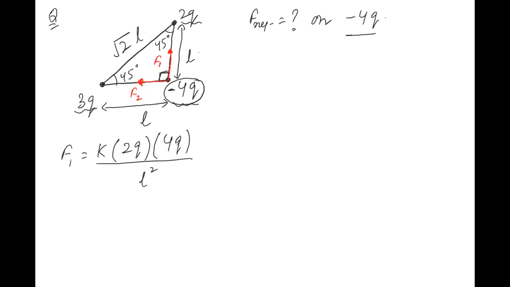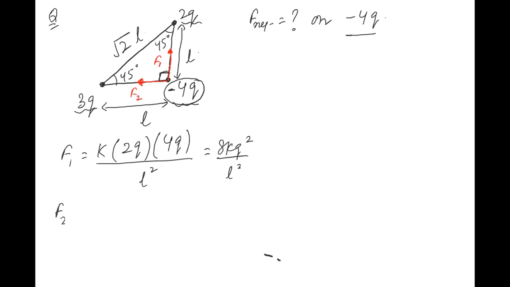Whenever you write Coulomb's law in a scalar form, or in other words, whenever you write force or the magnitude of force only, you are not supposed to take the negative sign. You will just take the magnitude without considering the negative sign. Is it clear? So this will become equal to 8kq squared upon L squared.